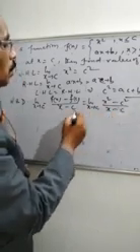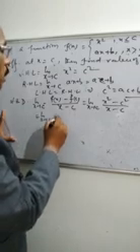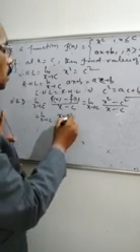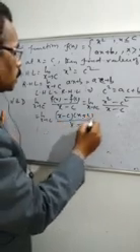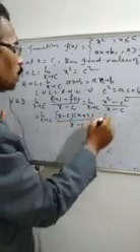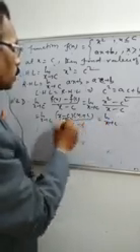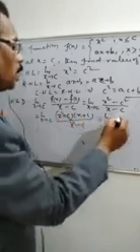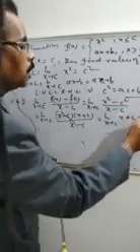That is limit x tends to c of x minus c into x plus c by x minus c. The x minus c cancels out, leaving x plus c. Putting x equal to c, we get c plus c, that is equal to 2c.